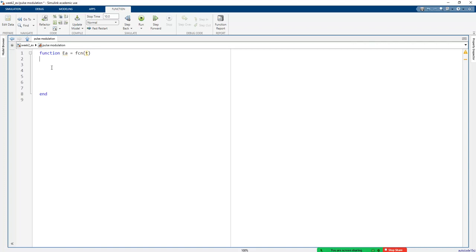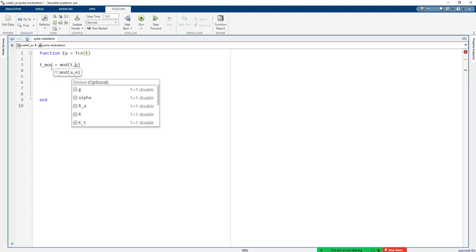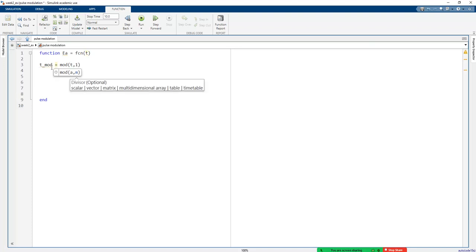We can use the T mod value here, the mod T, and this T should be equal to 1 divided by the frequency value. For example, if F is 10 Hertz, we can generate the pulse at this frequency value.